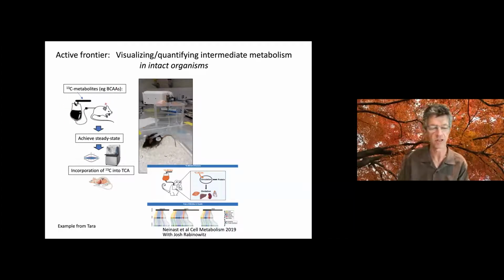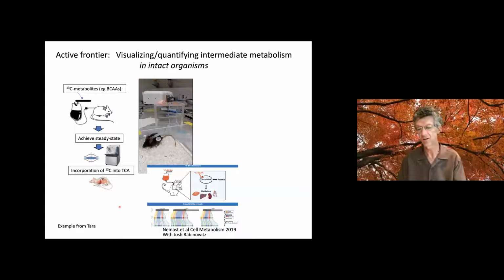Just like Chris, we're very interested in branched amino acids. Then we can achieve steady state, and then we can basically take every single organ in the mouse and look at the contribution to, for example, the TCA cycle, but really any metabolite of carbon-13. And we can create complex maps of how, in this case, branched amino acids are incorporated into every single tissue in the body.